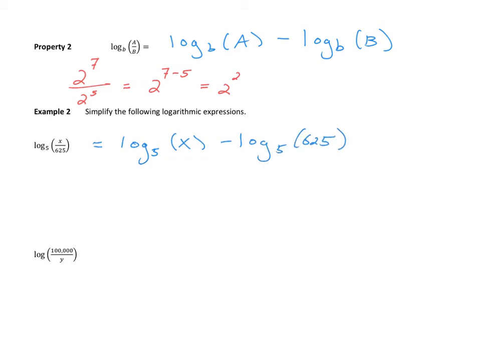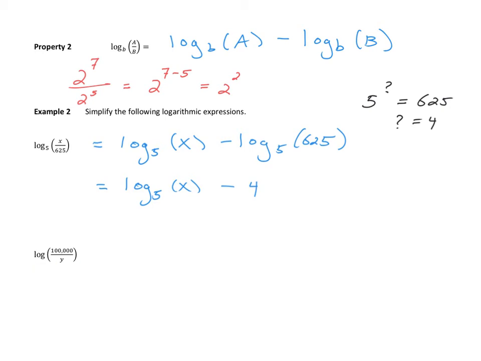And that's it, except, wait a minute, I think we can simplify this. Is there a number that you can put into the exponent of 5 that gives you 625? Yes, that is 4. 5 to the 4th is 625. So the simplified answer here will be log base 5 of x minus 4.